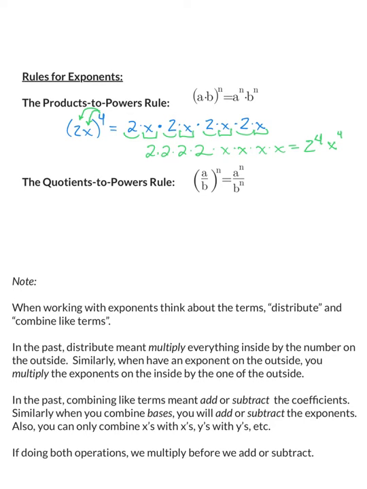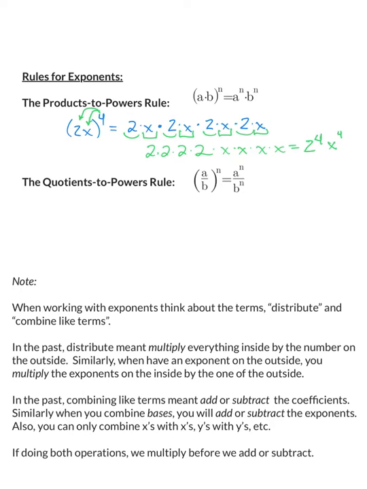So now, when working with exponents, think about the terms distribute and combine like terms. In the past, distribute meant multiply everything inside by the number on the outside. Similarly, when we have an exponent on the outside, you want to distribute it by multiplying the exponents on the inside by the one on the outside.